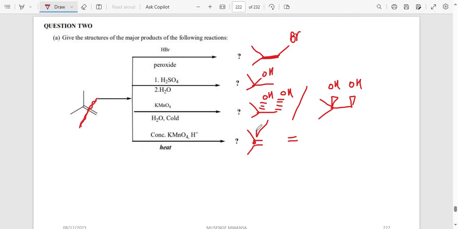So you need to know that when you're using potassium permanganate and you have got a secondary double bond, you are going to end up with a ketone. That one you need to know. Secondary will form a ketone, and primary will form a carboxylic acid.